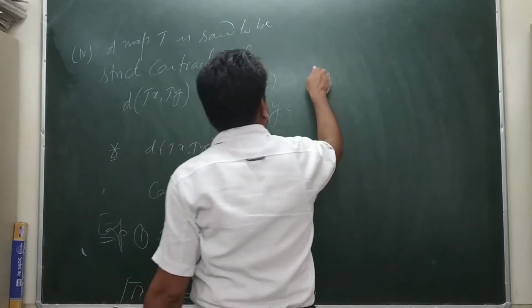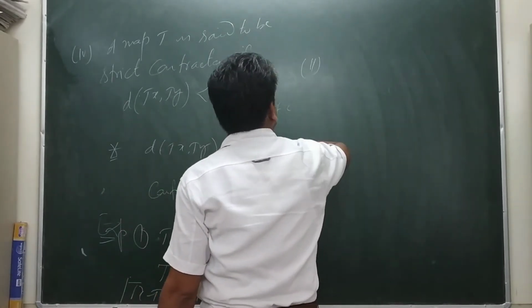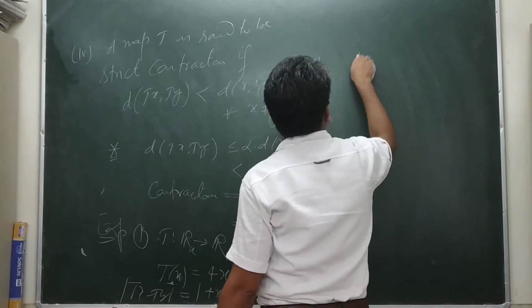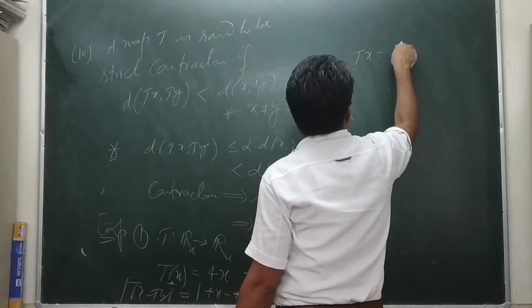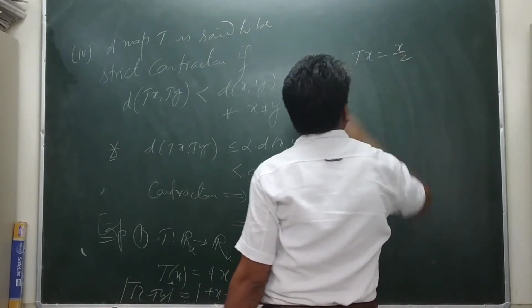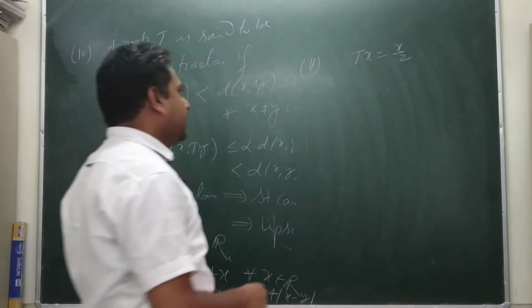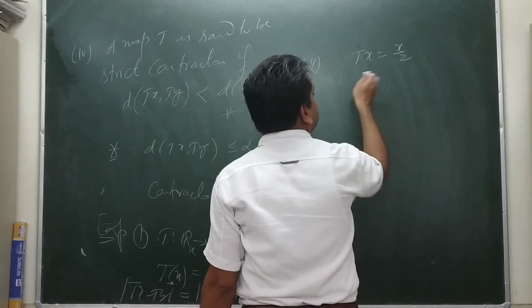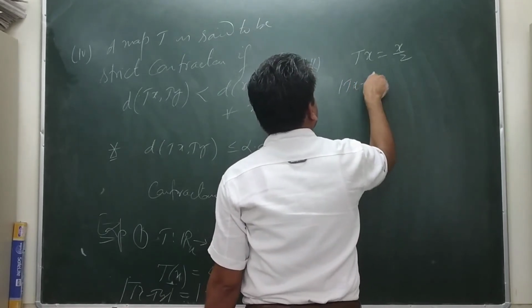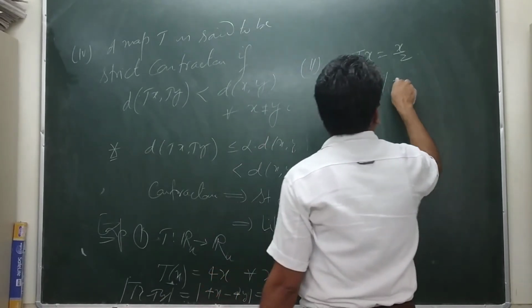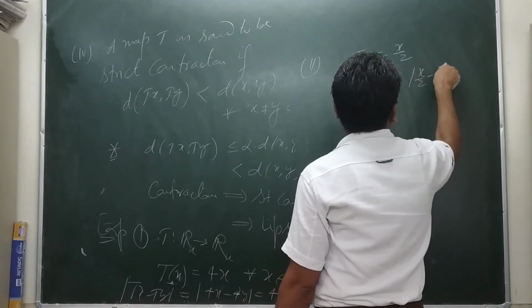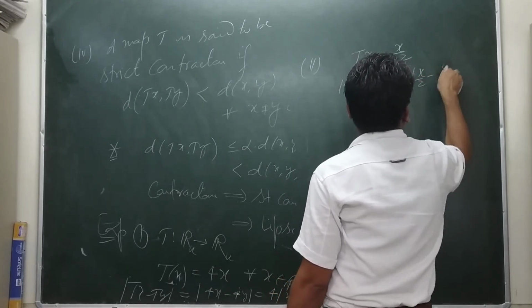Next example, I'm going to consider the previous example like this: Tx equals x over 2. I already considered this example. So again, we can see here mod of Tx minus Ty is equal to mod of x over 2 minus y over 2.